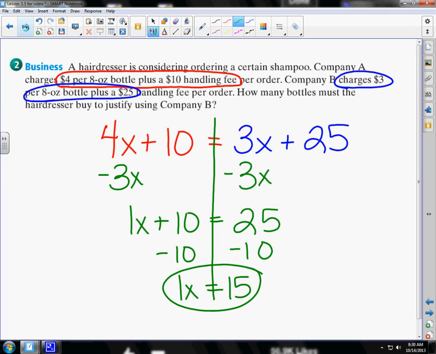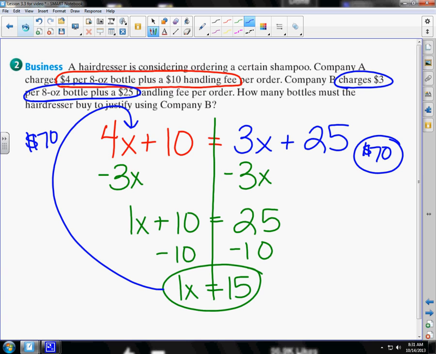So if I ordered 15 bottles, okay, let's try this. 4 times 15 is 60, plus 10 is 70. It would be $70 for Company A. 3 times 15 is 45, plus 25 is $70 for Company B. So if I order 15 bottles, they're going to be the same.